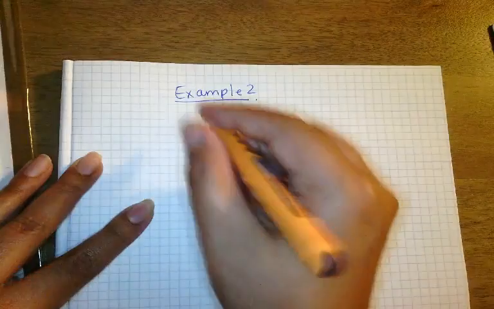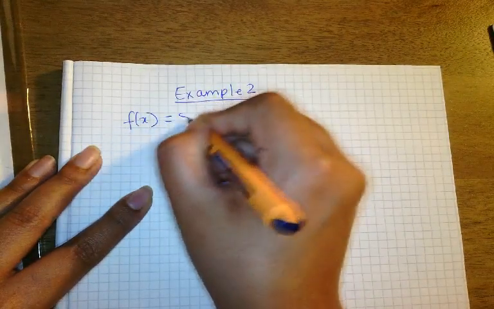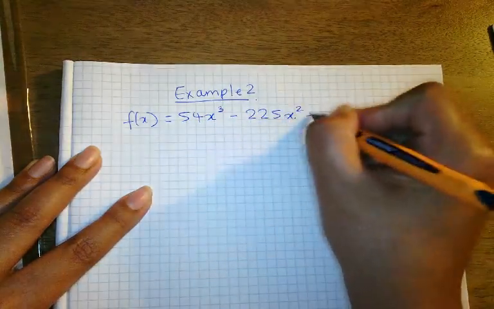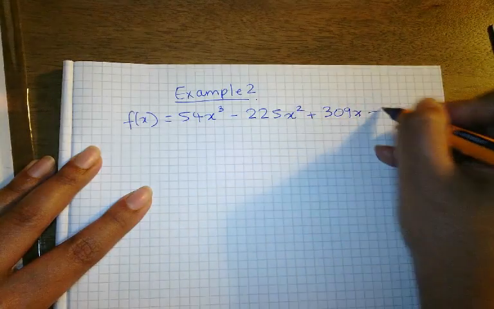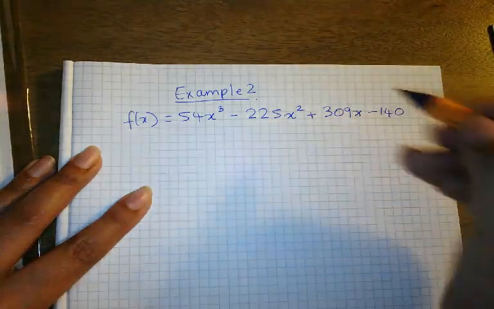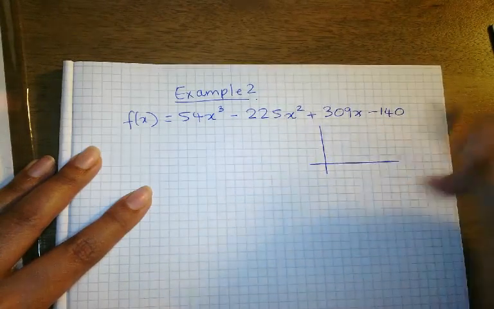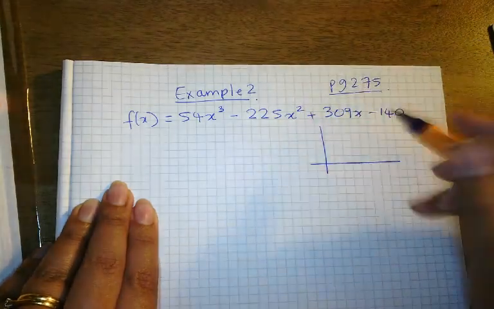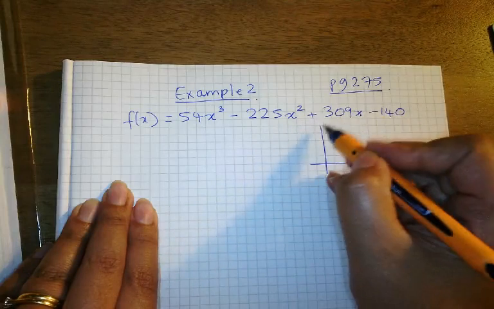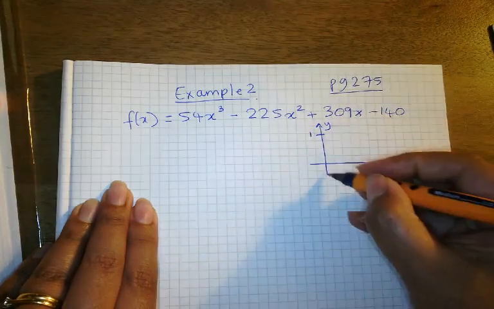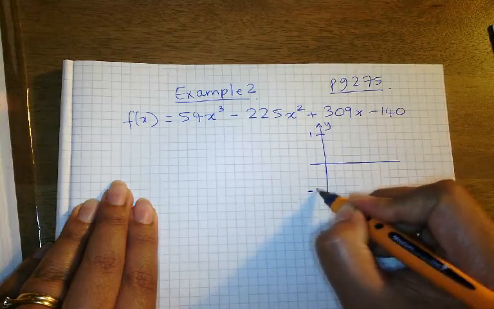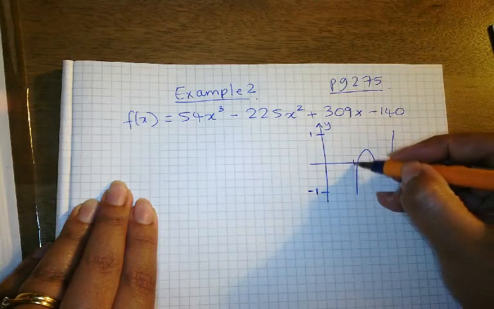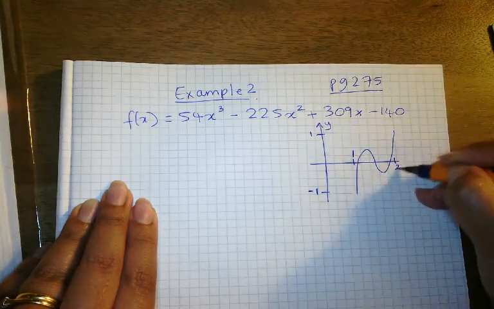So I've got f of x equals 54x cubed minus 225x squared plus 309x minus 140, and that's shown in the diagram. This is on page 275, and the diagram looks something like this. I'm just going to draw a really quick sketch of it, where this is 1 and this is 2.